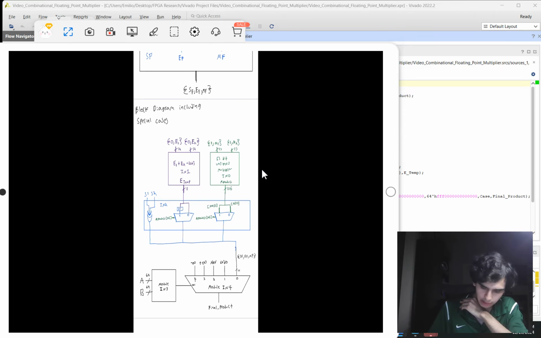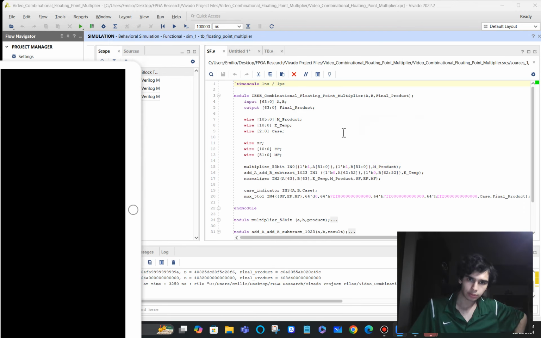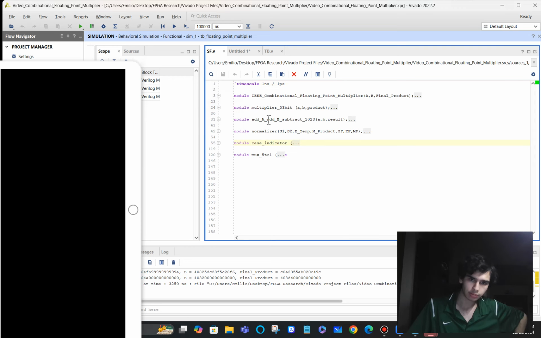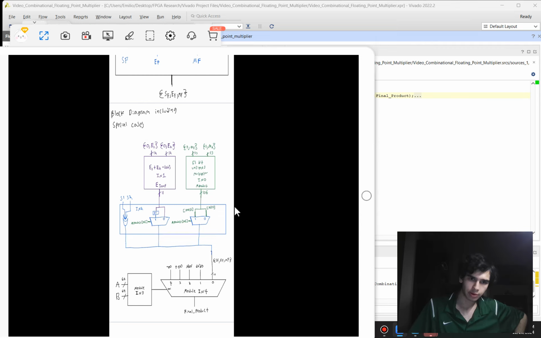This entire block diagram describes the circuit needed to do floating point multiplication in the real world. And that is represented with all of this code. Each module is represented by a different block in this diagram.